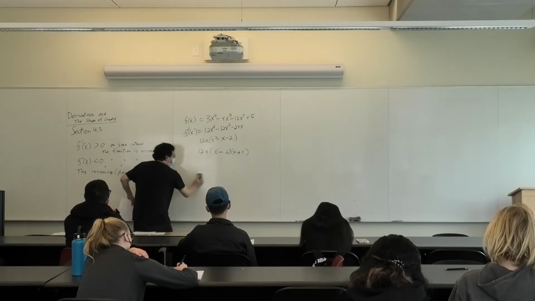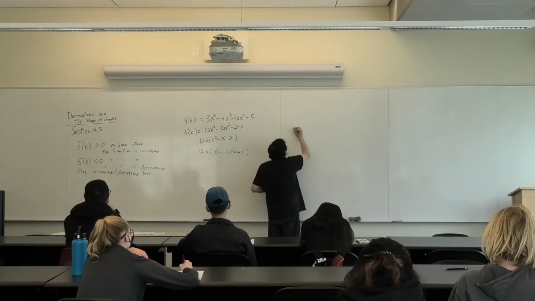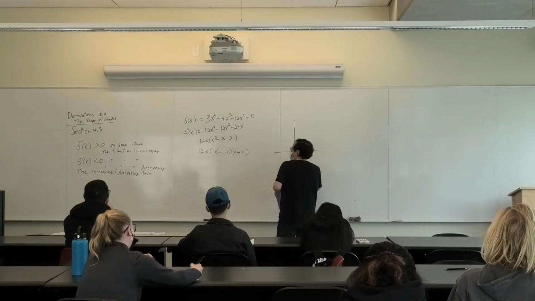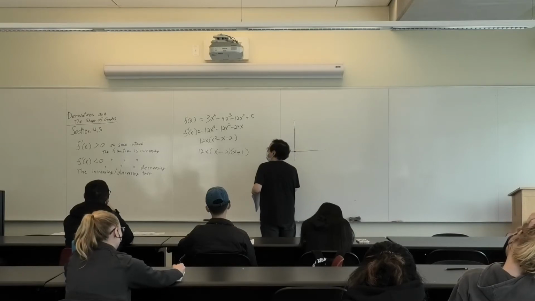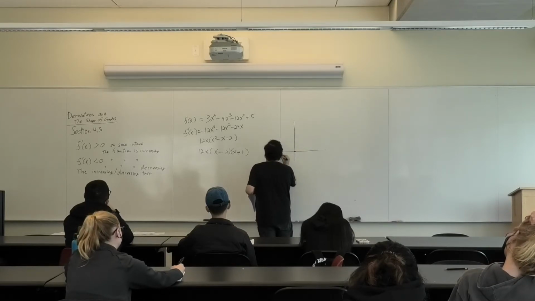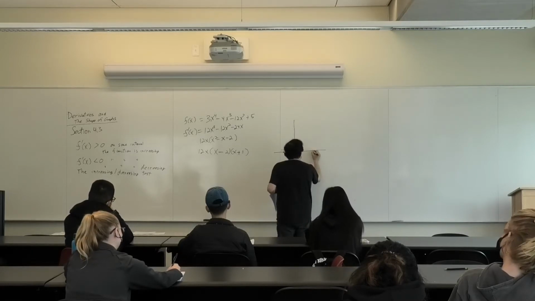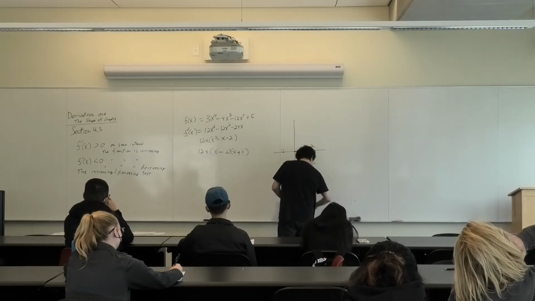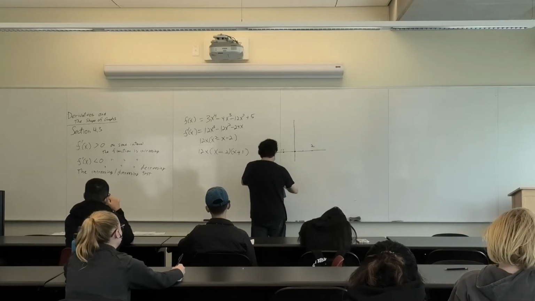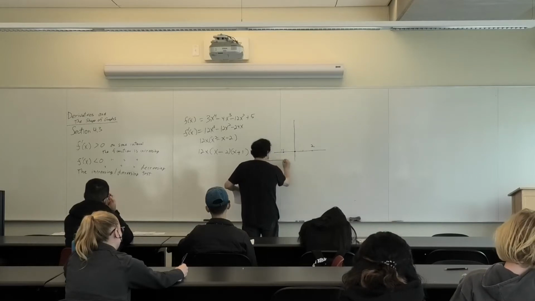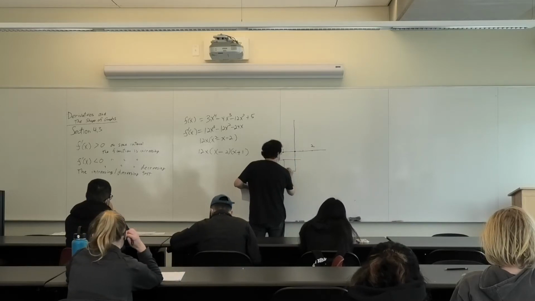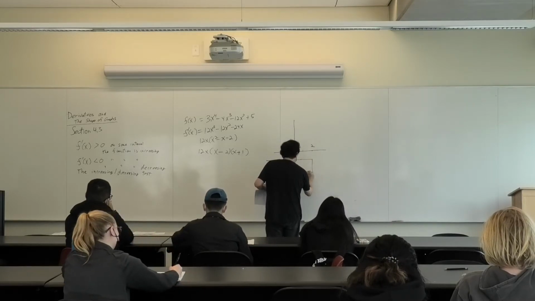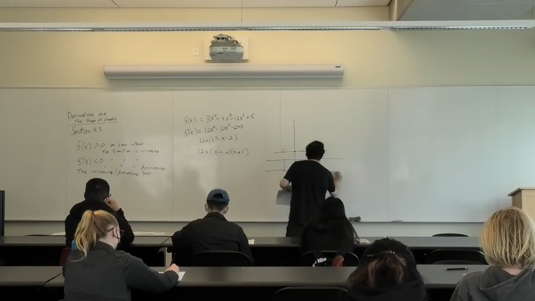Let me draw a better diagram. I said 0, minus 1, 2, and so I have this is a region, this is a region, this is a region, and then this is here.